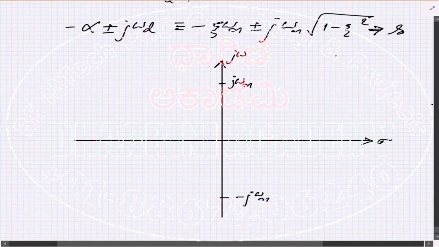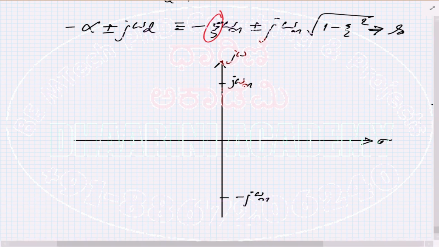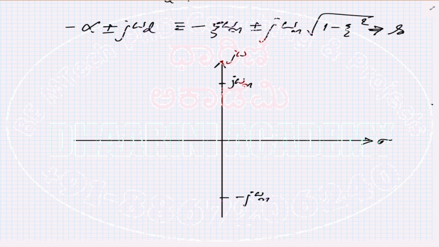Okay, now the highest possible value of zeta is 1. So put zeta equal to 1 and tell me what's going to happen. Zeta is 1, so this term is 1, only real part, and the answer is minus omega n, correct? Let me mark that over here.